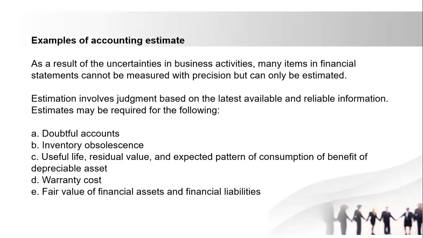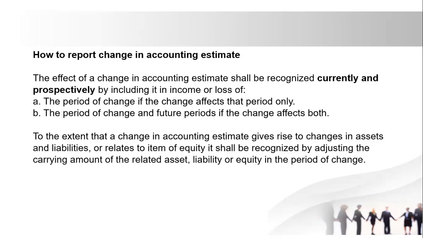Estimates may be required for the following: doubtful accounts, inventory obsolescence, useful life, residual value, and expected pattern of consumption of benefit of depreciable asset, warranty cost, and fair value of financial assets and financial liabilities.